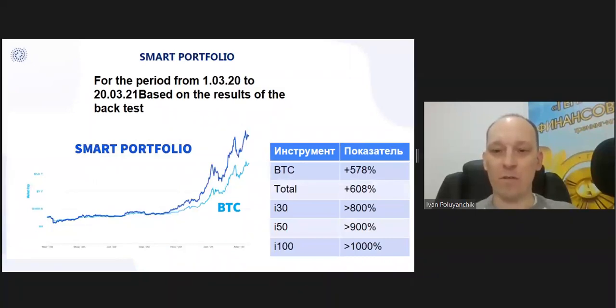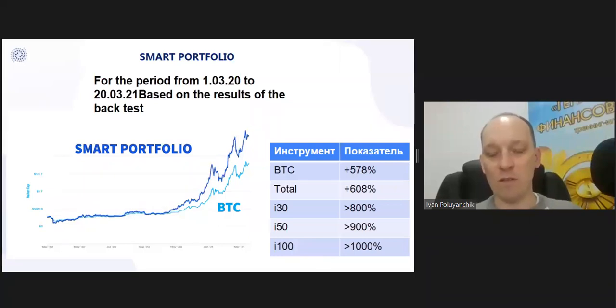There was a back test by the developer of the product, by the vendor of the product, and the results are here. So a period from the 1st of March of the year 2020 to the 20th of March last year. And over this period, you know that Bitcoin was quite idle with no visible growth.